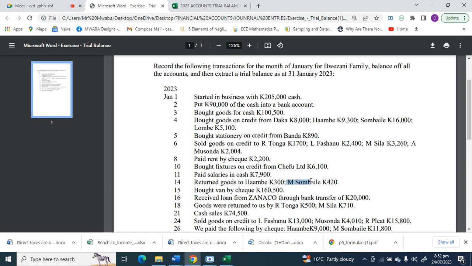Then M Sombaile, you're going to debit 420. Then you're going to credit return outwards 420. Are we okay with that, colleagues?